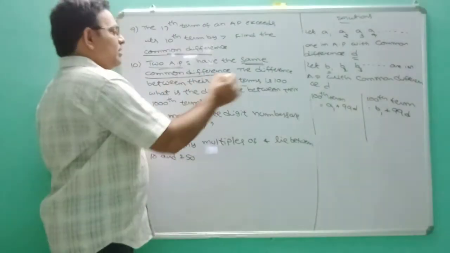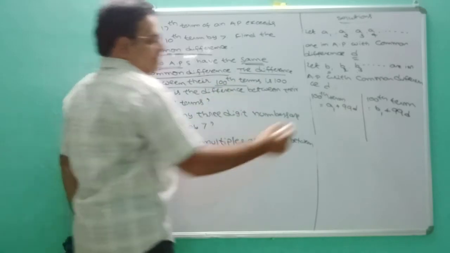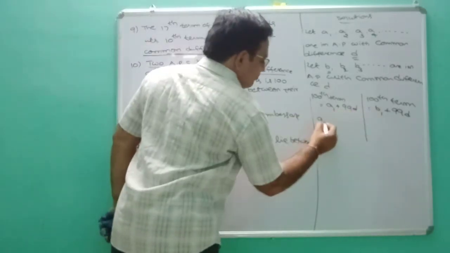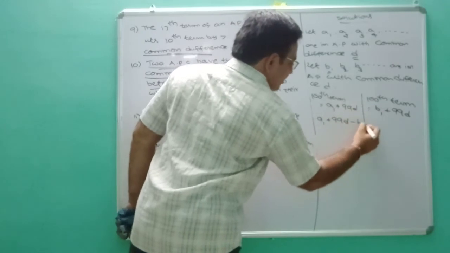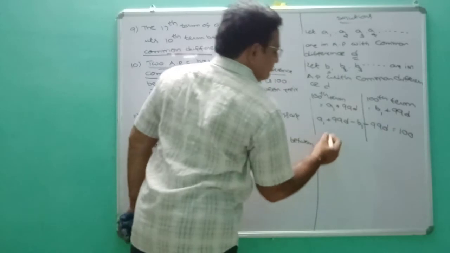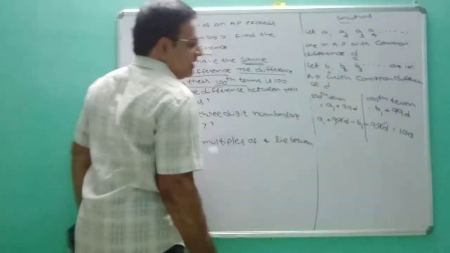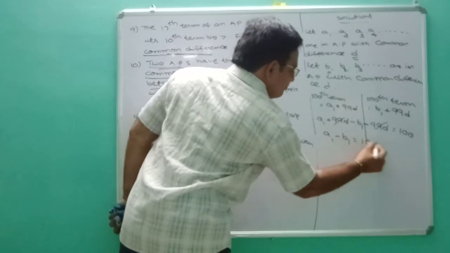Now, according to the condition, the difference between their 100th terms is 100. That means A1 plus 99D minus B1 minus 99D equals 100. 99D and 99D cancel. A1 minus B1 equals 100.